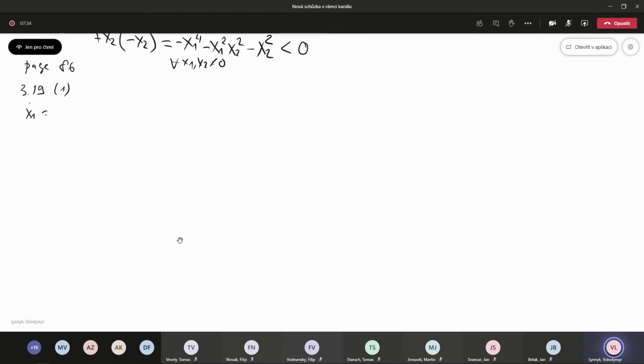x1 dot equals x2 and x2 dot equals minus x1 cubed minus x2.